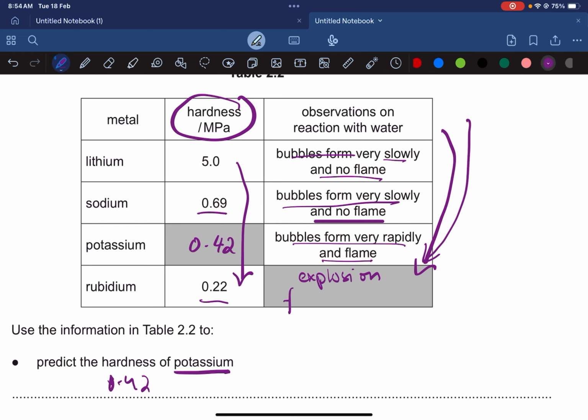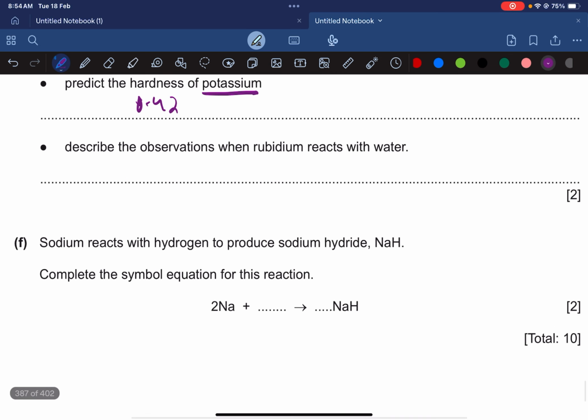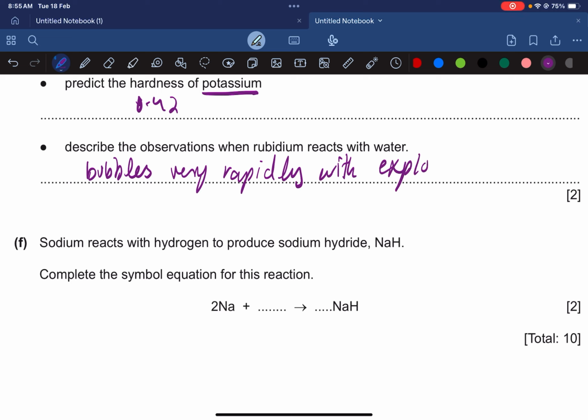You can write flame, you can write bubbles, you can write 3-4 observations, something like bubbles extremely rapidly, that shows the intensity is increasing as we go down the group. So you just write bubbles very rapidly with explosion. Okay, explosion means that there's a flame as well.